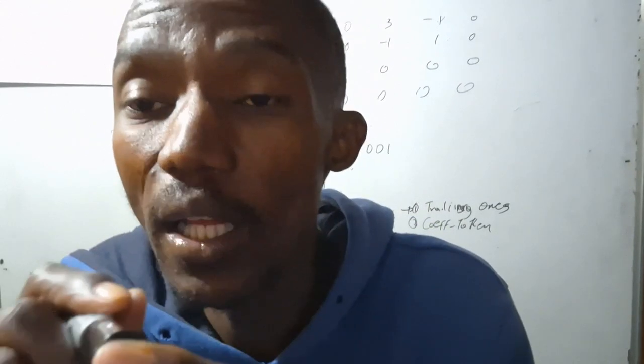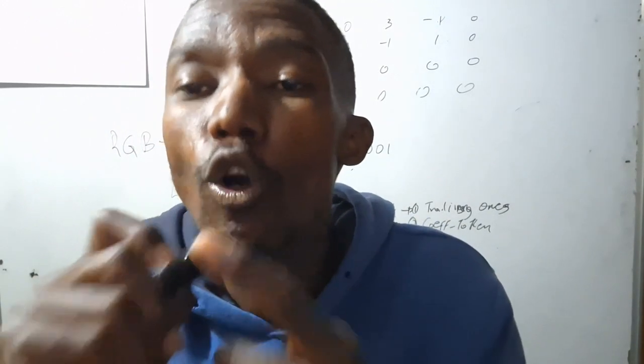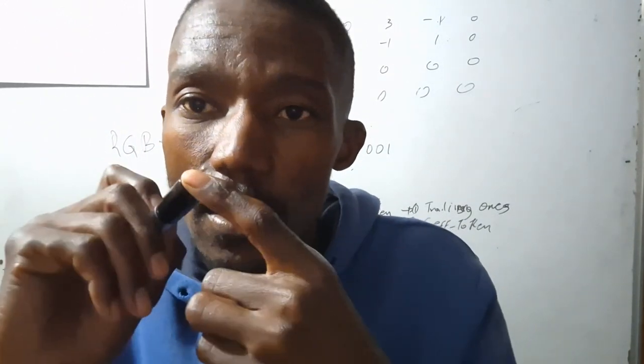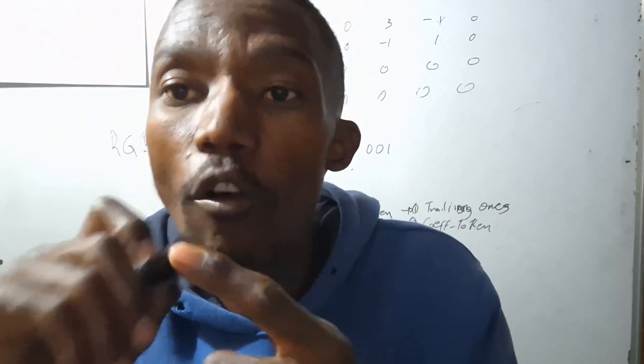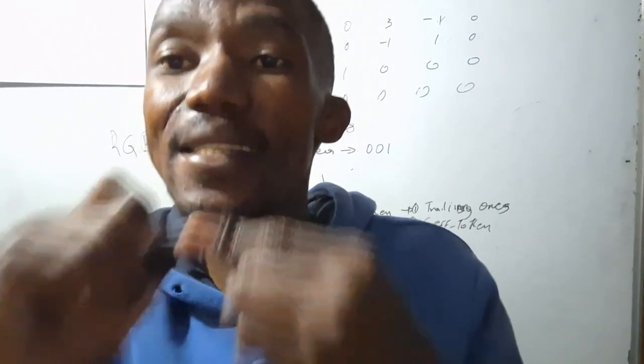Those coefficients that have a value equal to an absolute value of 1 are called trailing ones. And you can only encode coefficients that are non-zero as trailing ones.